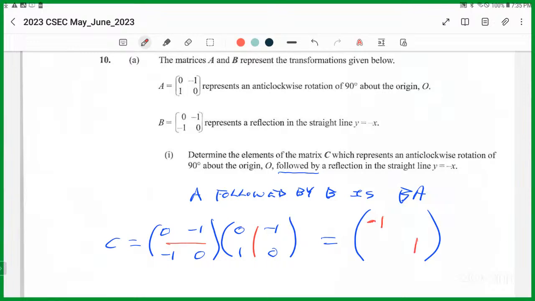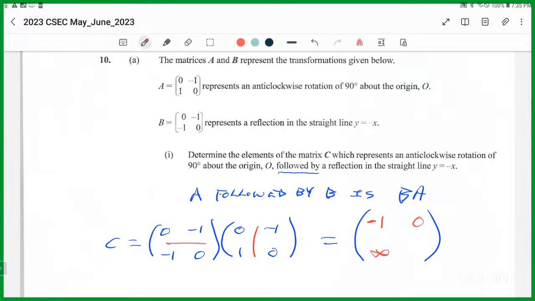The answer is going to be 1 down here, 0, 0. That's kind of expected, because two reflections make a rotation. The value over here must be 0. It is this row times this column: 0 times negative 1 and negative 1 times 0, so this value is 0.